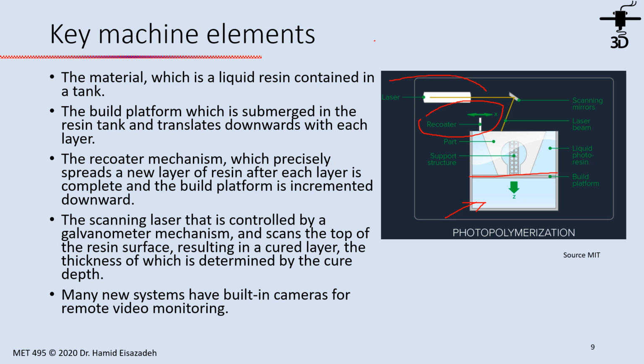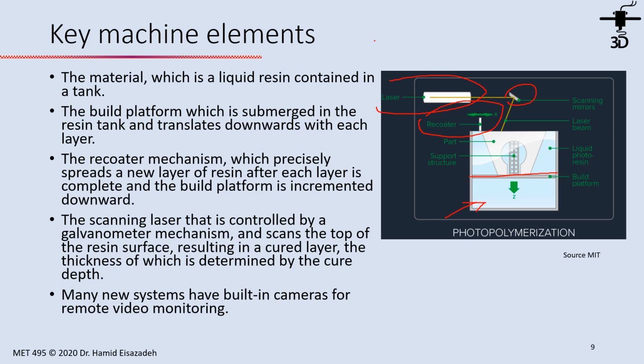Another system is the laser, the scanning laser. That system is controlled by a galvanometer, which is here. This galvanometer controls the laser direction, where the laser is going to hit on the surface.